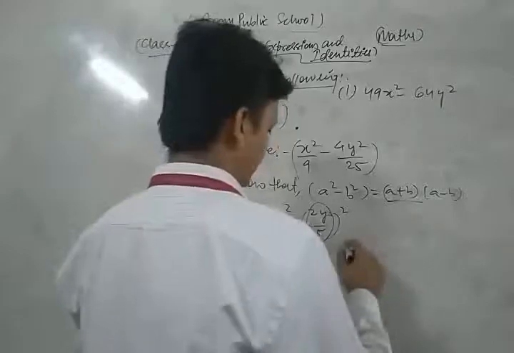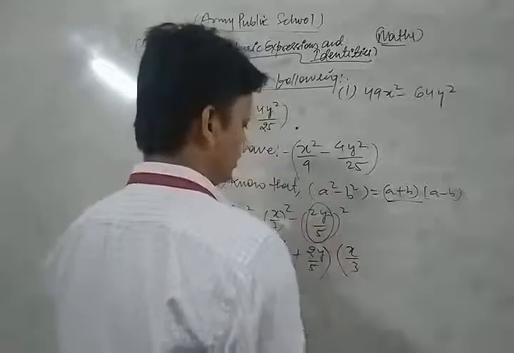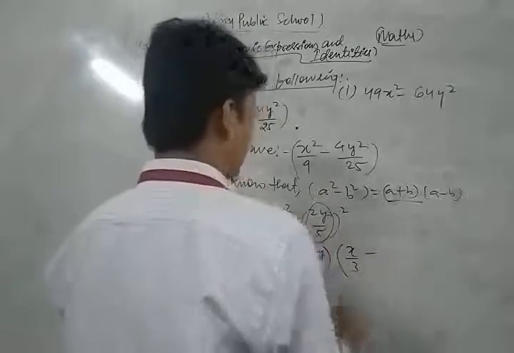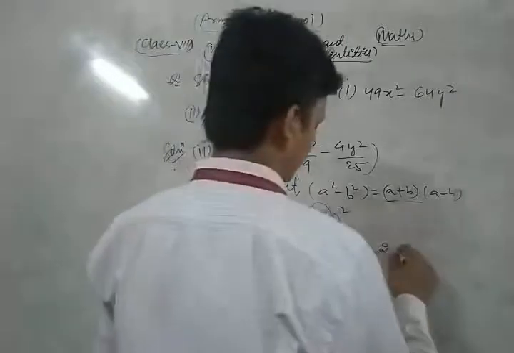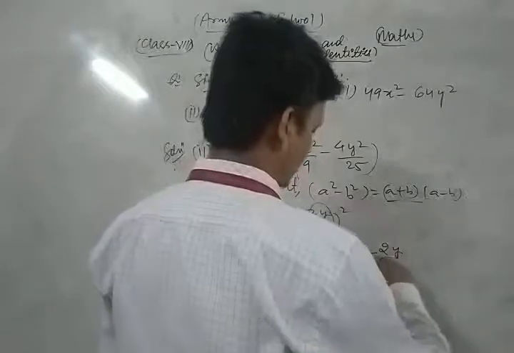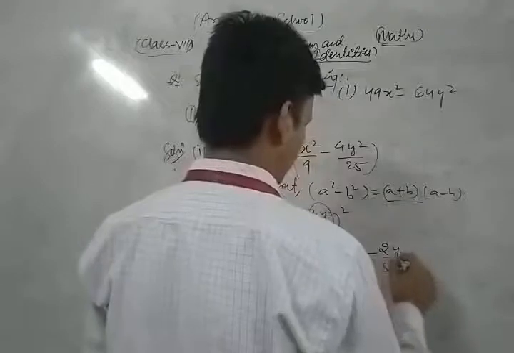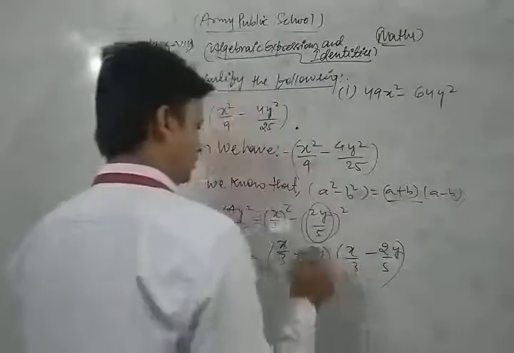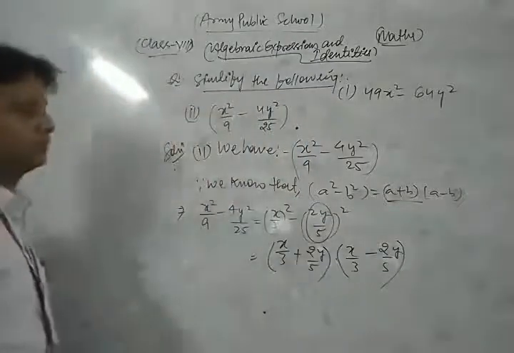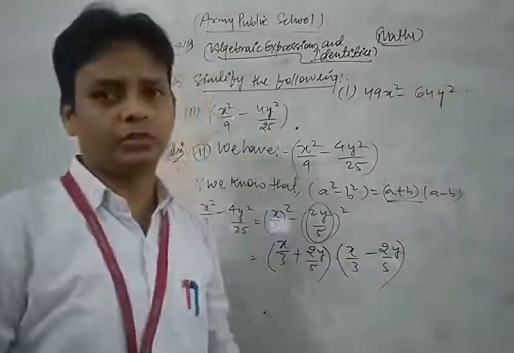Now in the second bracket, a minus b: a means x upon 3 minus b means 2y upon 5. Okay, so this is the required solution of the given question.